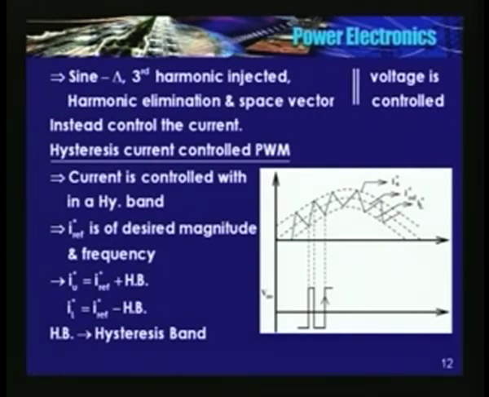See, when I close the upper switch, VA0 is plus VDC by 2, remember, and if I close the lower switch, VA0 is minus VDC by 2. So definitely when I close the upper switch, current should increase. Okay. So I will close the upper switch till the current flowing into the load increases and touches the upper band.